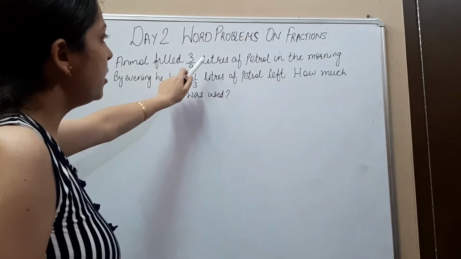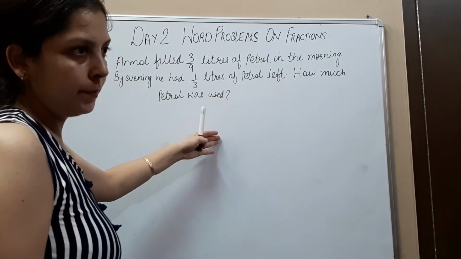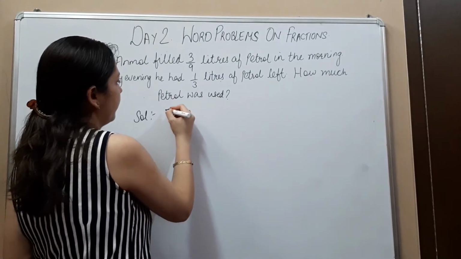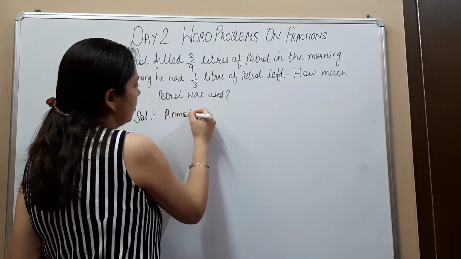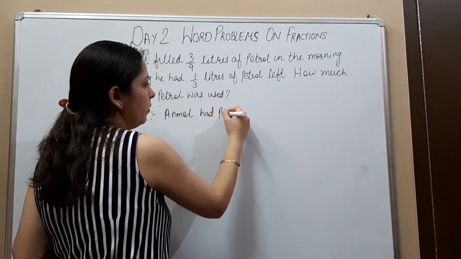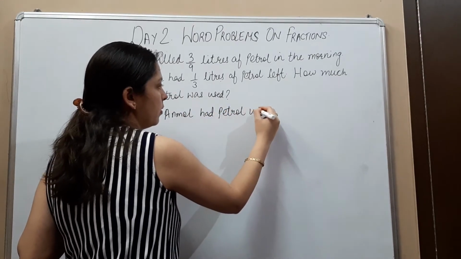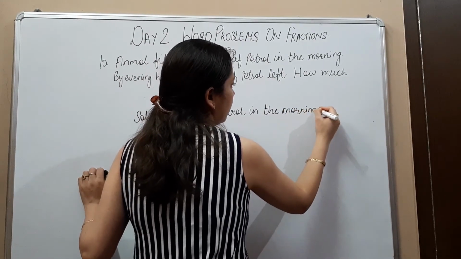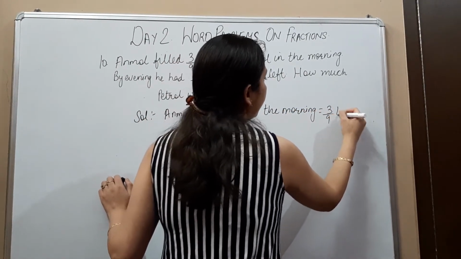So in this question you have given that Anmol has this liters of petrol in the morning and by evening he had this liters of petrol left. So how much petrol was used means you have to find how much petrol was used. So we will subtract it. Anmol had petrol in the morning equal to 3 by 9 liters.